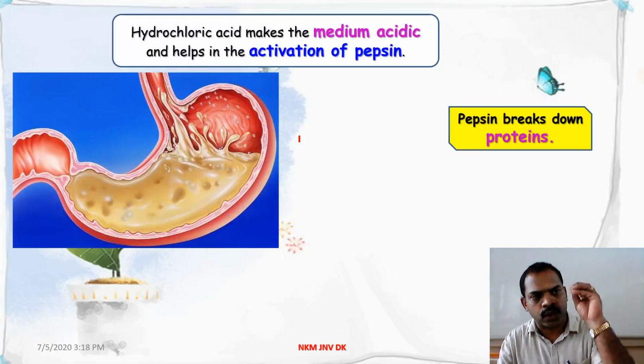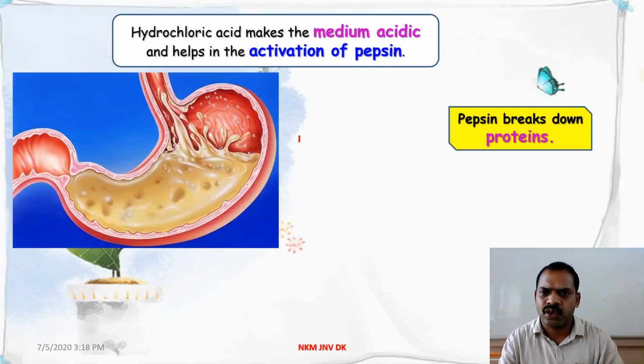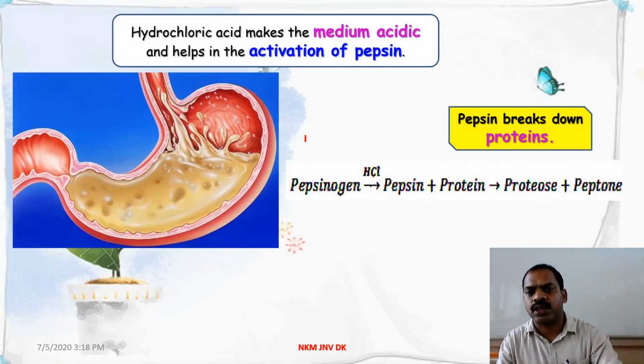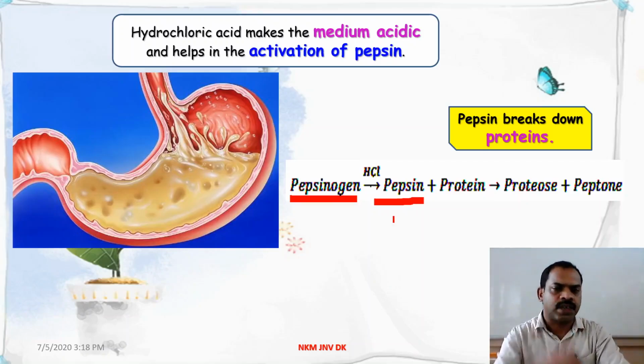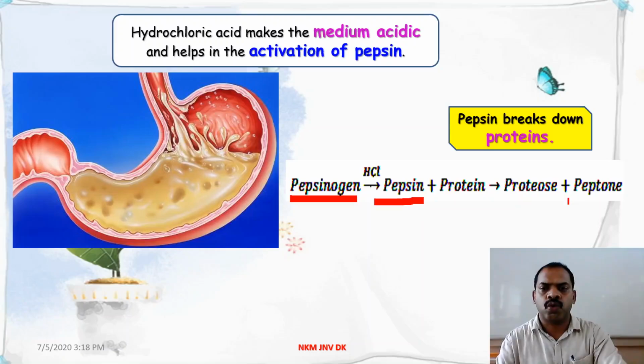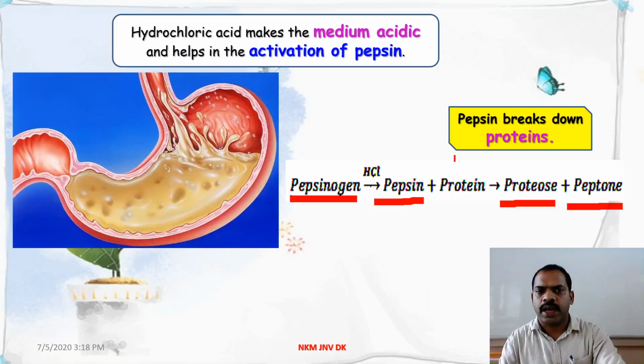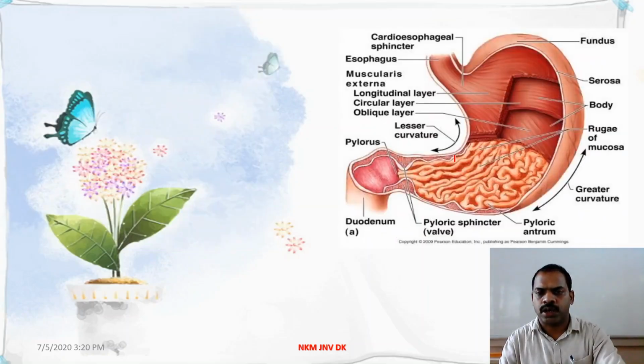Later on, this hydrochloric acid activates it into pepsin. You see here, pepsinogen activated into pepsin. Once it is pepsin, it can break the protein into smaller fragments, proteoses and peptones. Okay, so that is the role of pepsin. Got it?